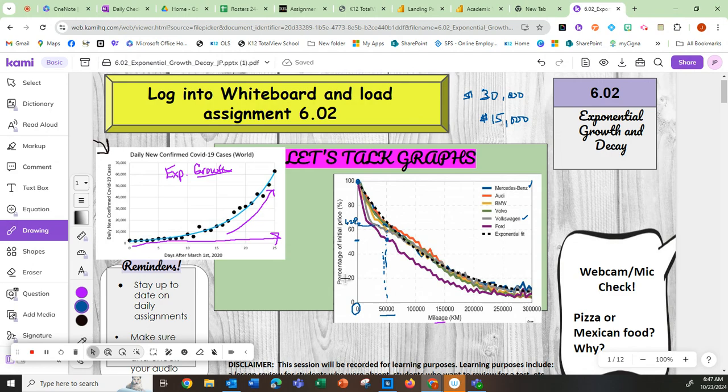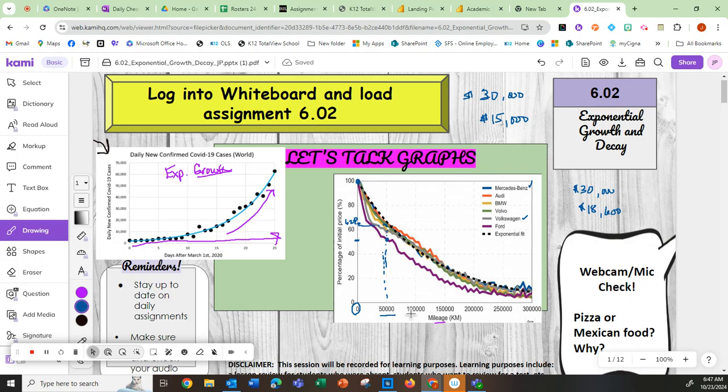Let's just say it was $30,000. 62% of 30,000, let me pop that in my calculator. That means it's worth $18,600, so still quite a bit lower than what it was with 0 miles.